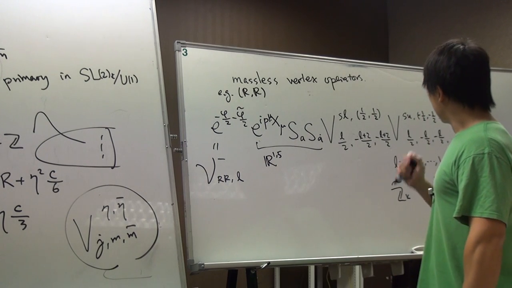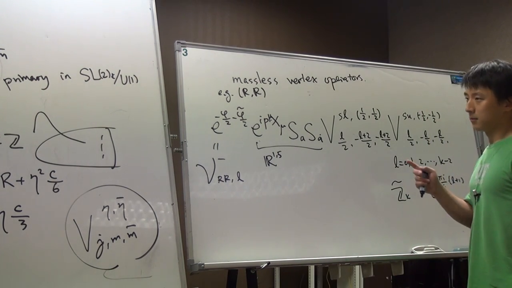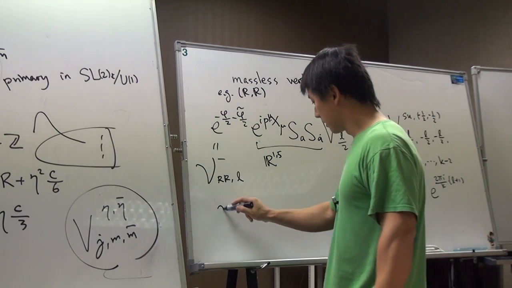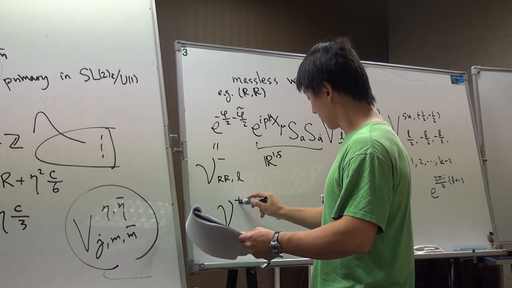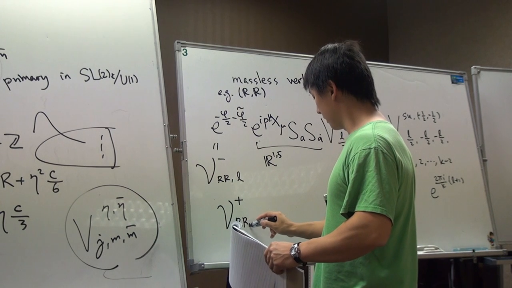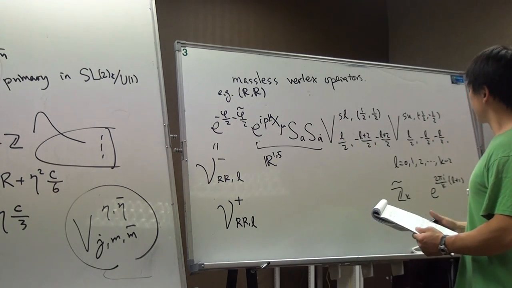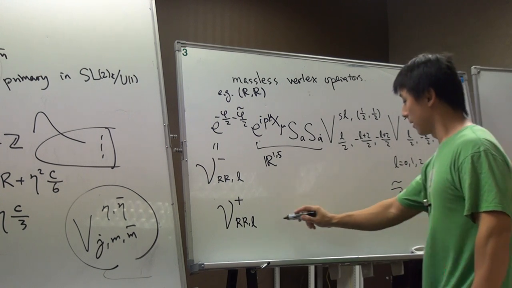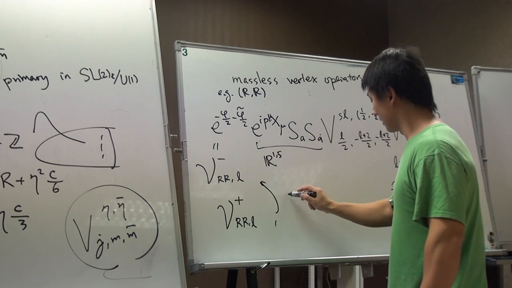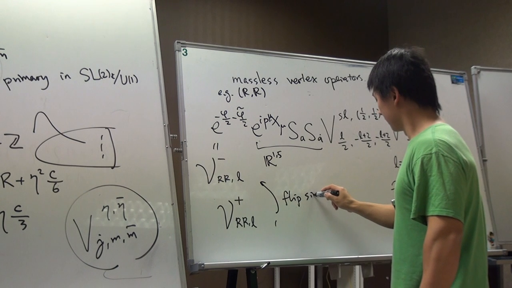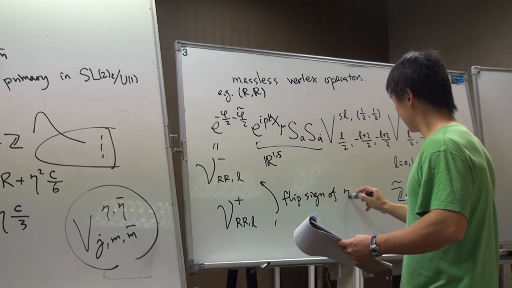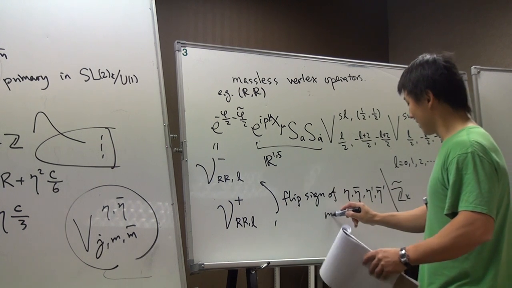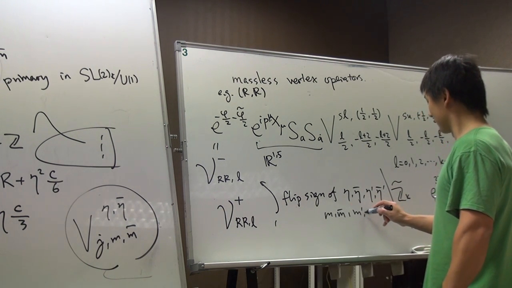Now, in these minimal models, and also in this coset, there's some identification. One can write down another kind of vertex operator called V_RR plus, L, which involves basically the same construction, but I flip the sign of all the eta bar, eta prime bar, and also n bar, n prime bar.